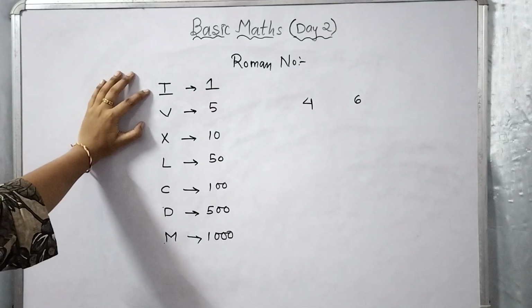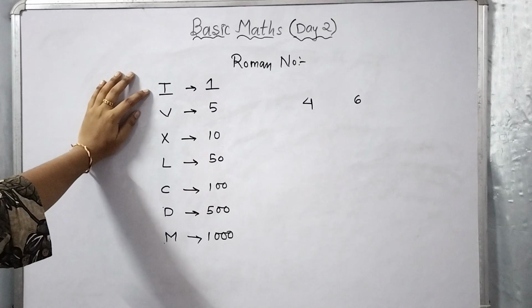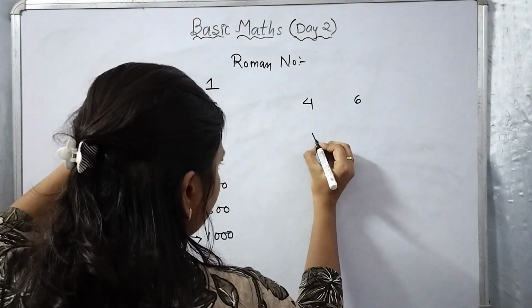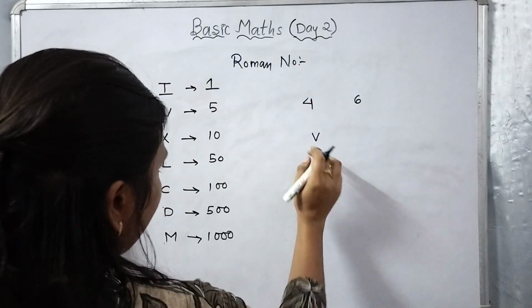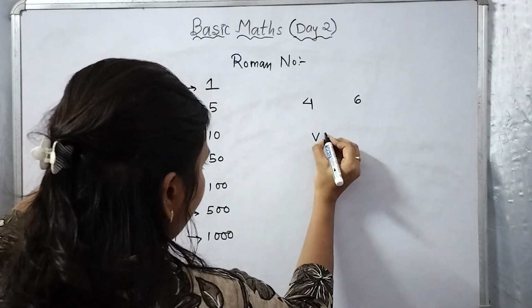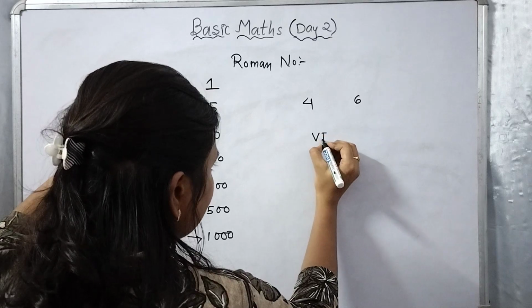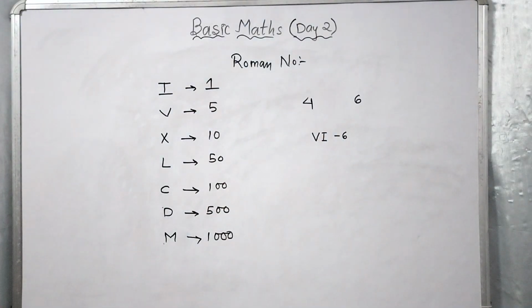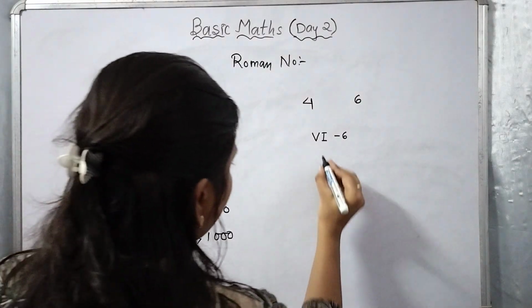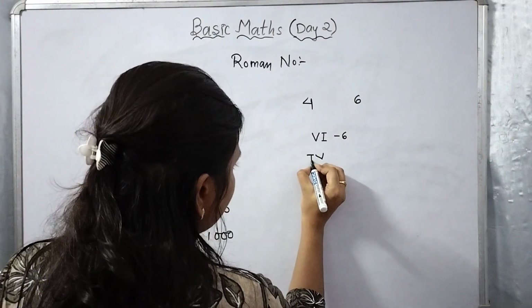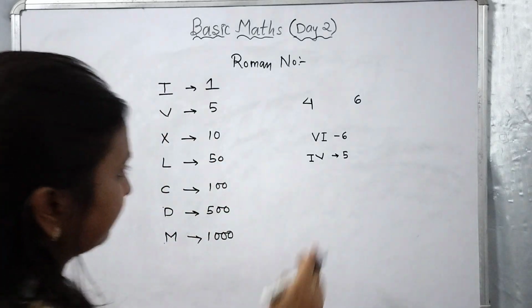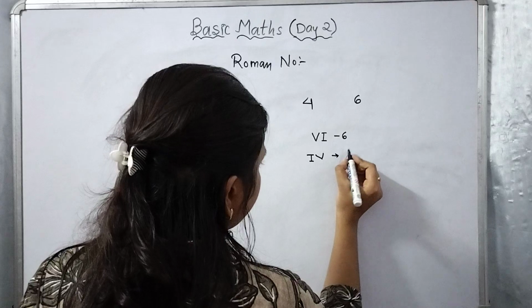There is one trick: if you write a number forward, like this is 5 and this is 6, the number will increase. And if you write a number backwards, then it will decrease. It means this is 4.